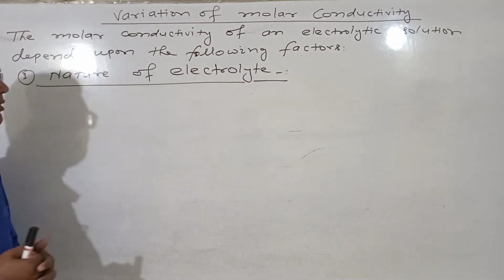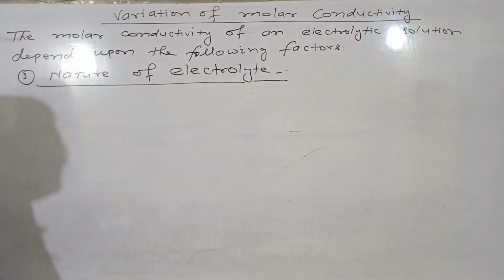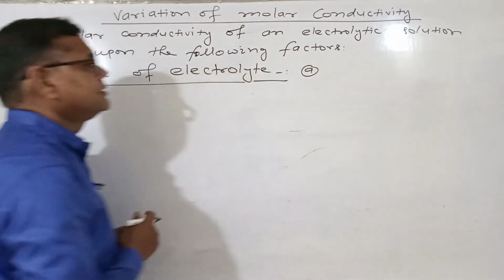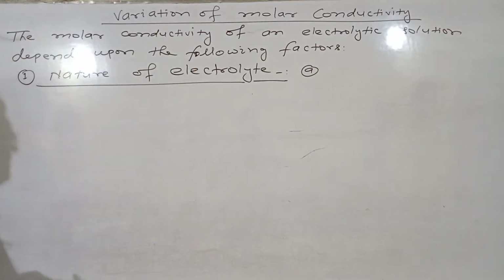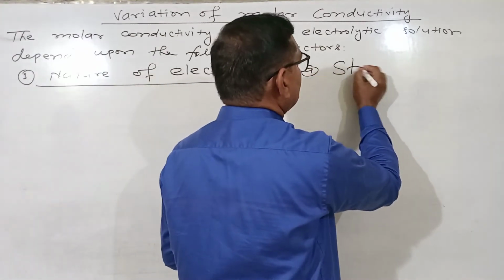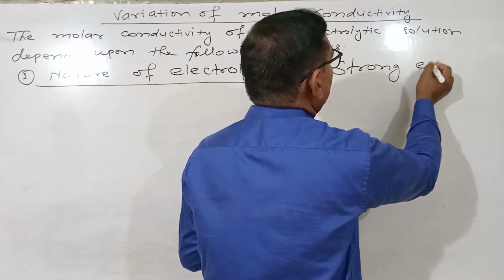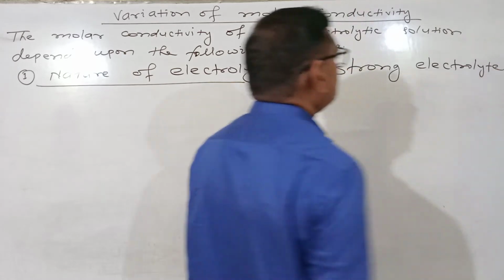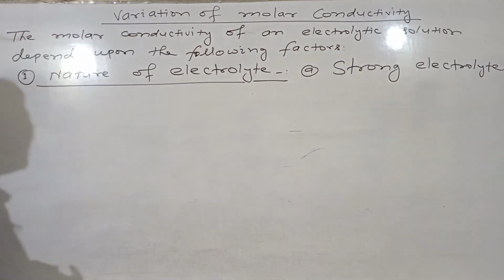On the basis of strong and weak, here we write point A, which is related to a strong electrolyte.